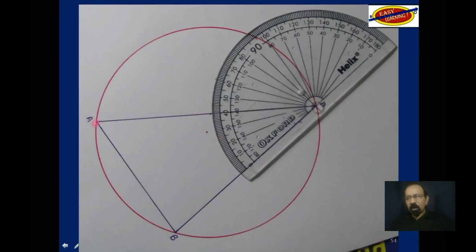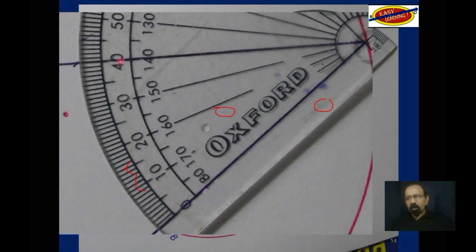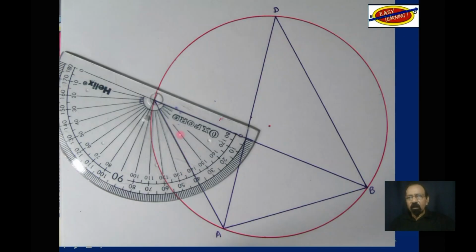So this is our arc here. That's the chord. From there, we draw an angle at this point of the circumference. We measure it. It is 40 degrees. That is our arc and chord.